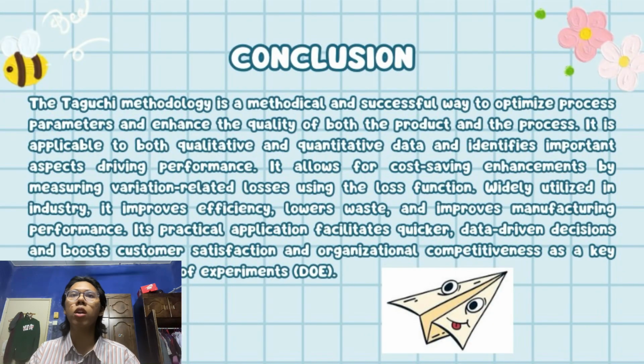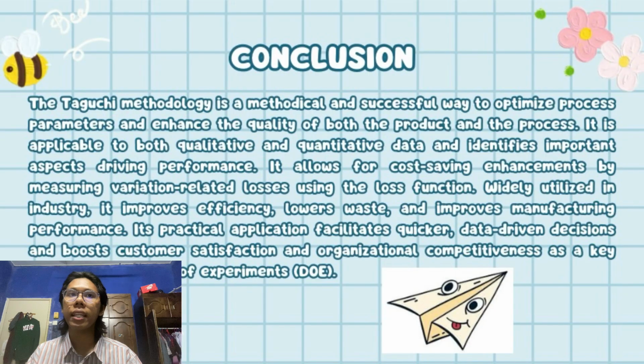The Taguchi methodology is a methodical and successful way to optimize processes, parameters, and enhance the quality of both the products and the process. It is applicable to both qualitative and quantitative data and identifies important aspects driving performance. It allows for cost-saving enhancement by measuring variation-related losses through the loss function.